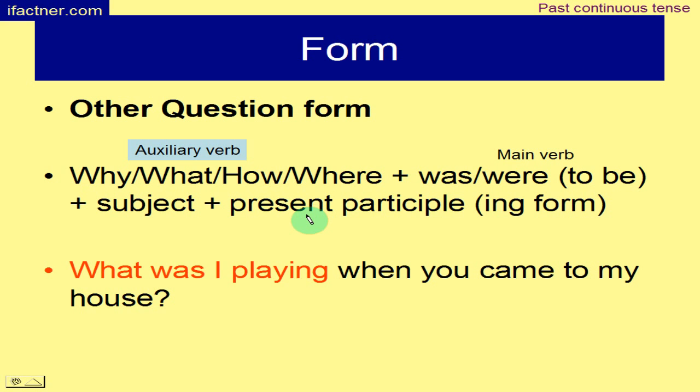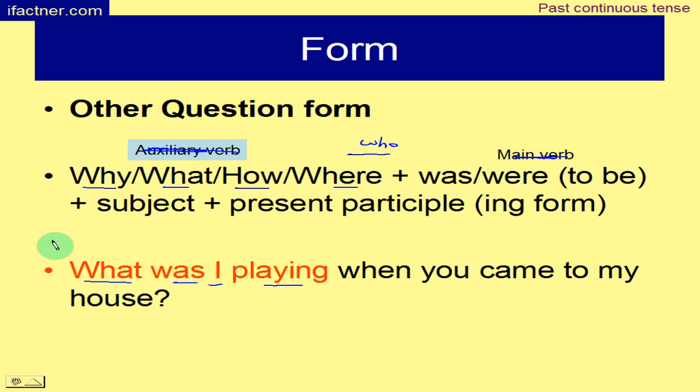There are some other question forms that we use with the question words why, what, how, where, and who. So the example is, what was I playing when you came to my house?